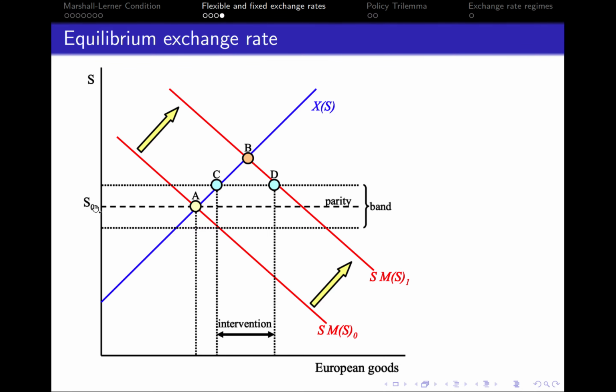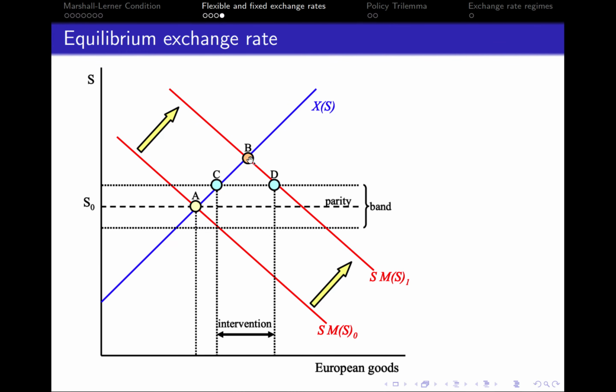Let's say that this S0 was the parity that the European Central Bank has chosen, and it also chose a band, so all exchange rates within this band are acceptable, centered around S0.